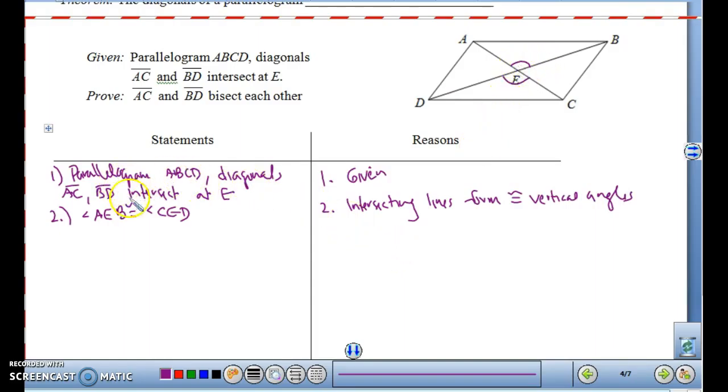Okay, now the other thing that we have about this is it's a parallelogram, and we have all kinds of properties of a parallelogram. Well, let's start with the definition of a parallelogram. Well, how's that going to help us? We know a parallelogram has both pairs of opposite sides parallel, so that means that AB and CD are parallel.